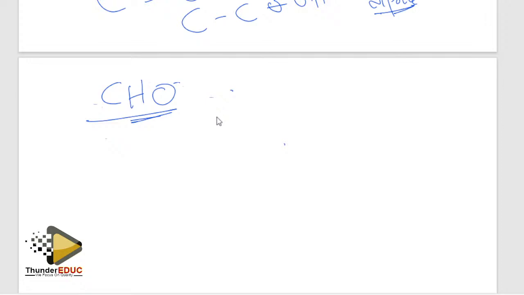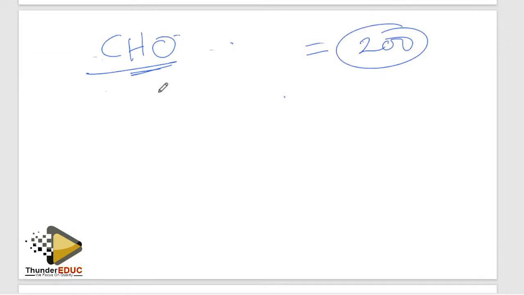For example, I will show you. Say the molecular mass is 200, just giving you 200. Then they say this is 10%, and this is 5%.